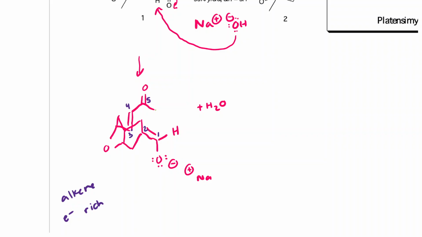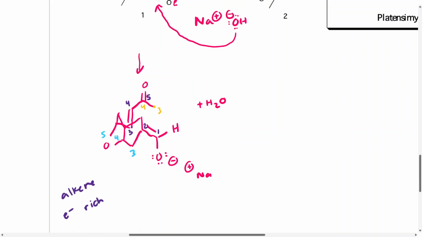So 1, 2, 3, 4. That's too short. And then we go the other route. 1, 2, and do another color as well. 1, 2, 3, 4, 5.